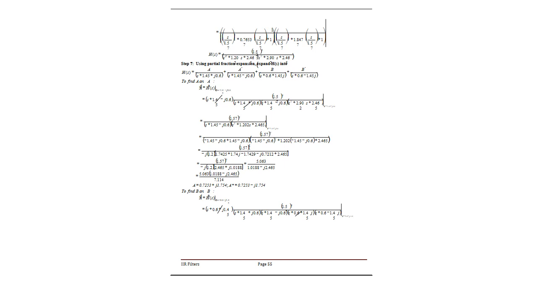To find A, we evaluate at s equal to -1.45 - j0.6, and substitute this value to get the answer for A. Then to find B and B star, we substitute s equal to -0.6 - j1.45. When we substitute the values, we get the output value.